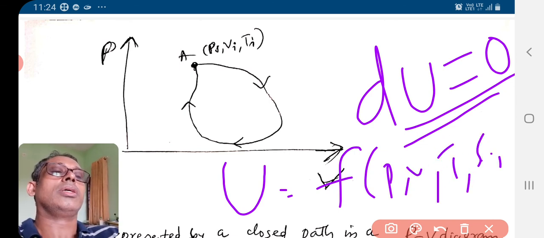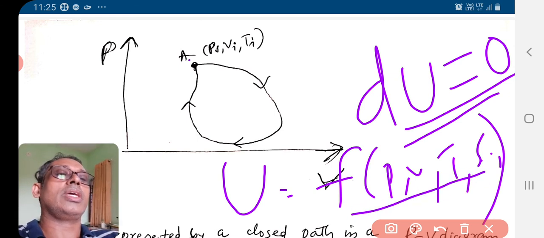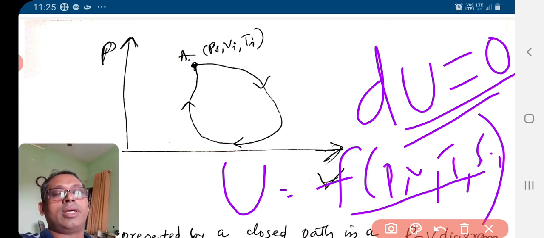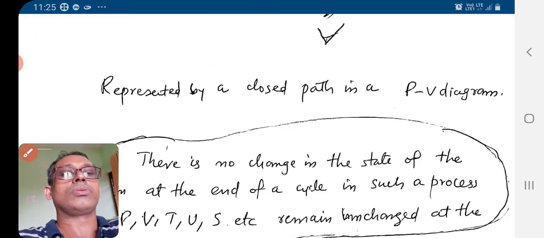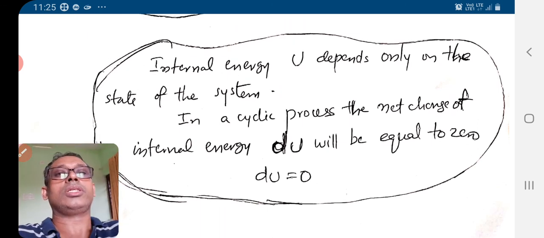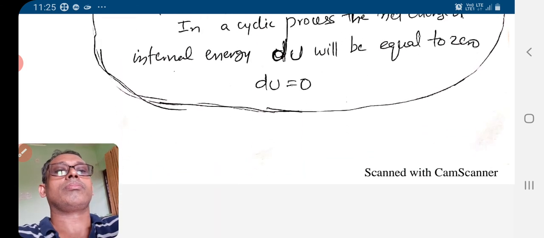Since you are coming back to the same state, there is no change in these variables. So the internal energy change is zero because internal energy depends only on the state of the system.